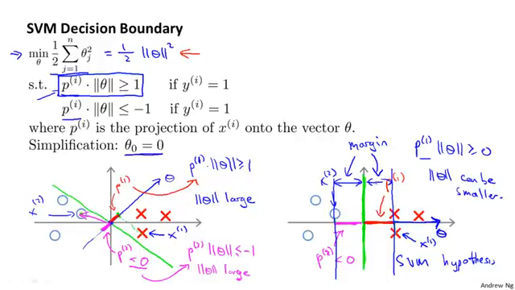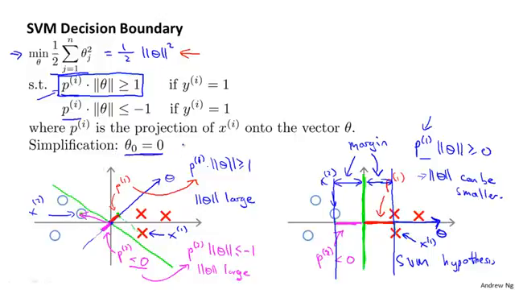The magnitude of this margin is exactly the values of P1, P2, P3, and so on. And so by making the margin large, by making these terms P1, P2, P3, and so on large, the SVM can end up with a smaller value for the norm of theta, which is what it's trying to do in the objective. And this is why the support vector machine ends up as a large margin classifier, because it's trying to maximize the norm of these Pi, which is the distance from the training examples to your decision boundary.